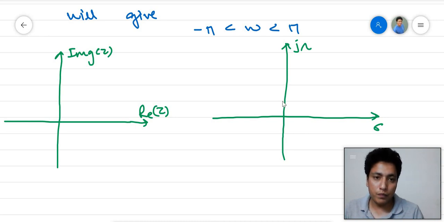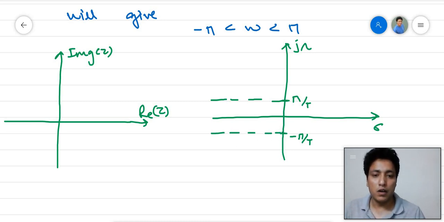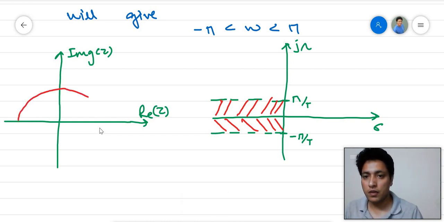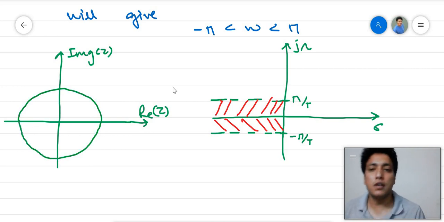So we are going from minus pi by T to pi by T. So we are splitting this region, marking this region as this, and similarly this to this. Now we know the unit circle. So this is our unit circle.